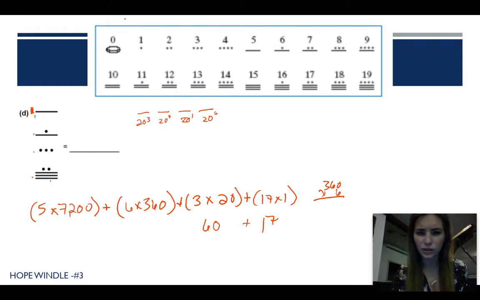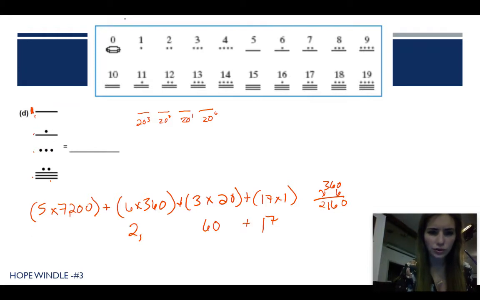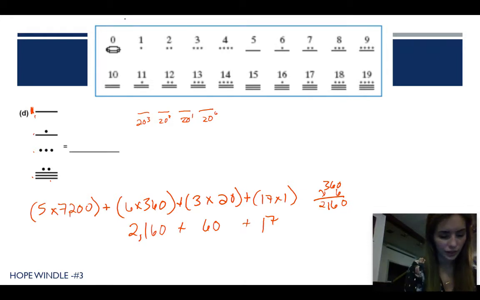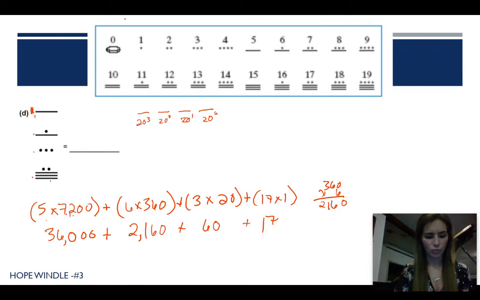This is going to be 2,160. And then we're going to multiply 7,200 times 5. And it's going to give us 36,000. So now we're just going to go back and we're going to add all these numbers together.